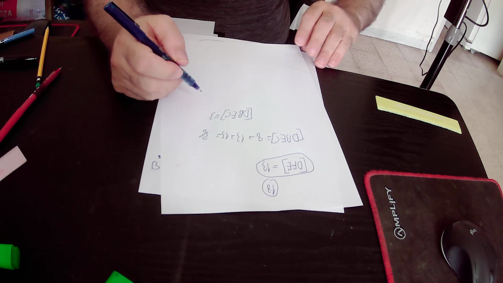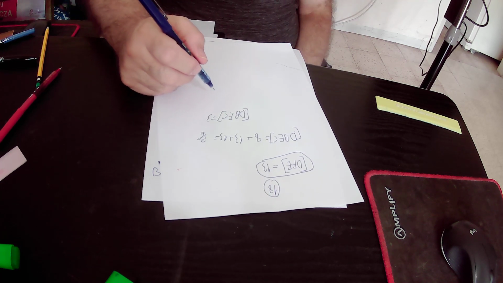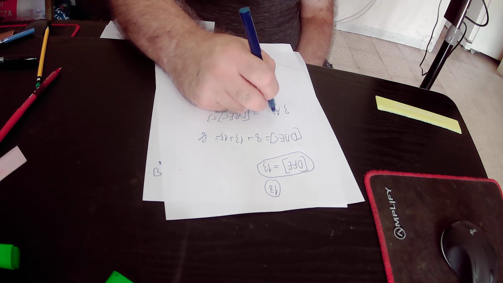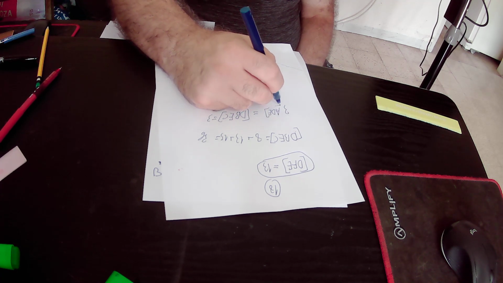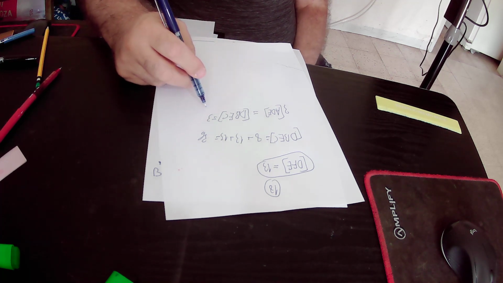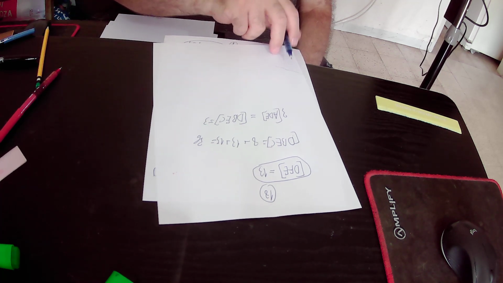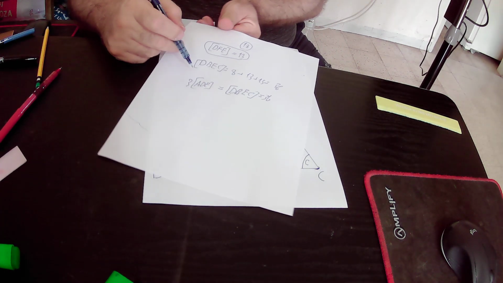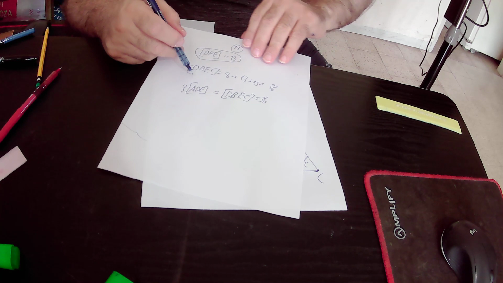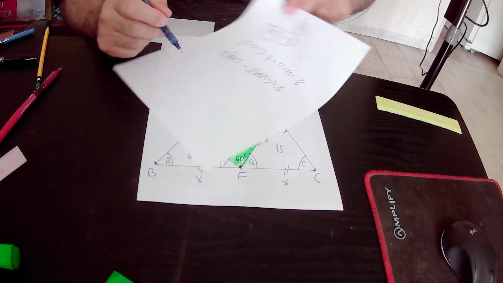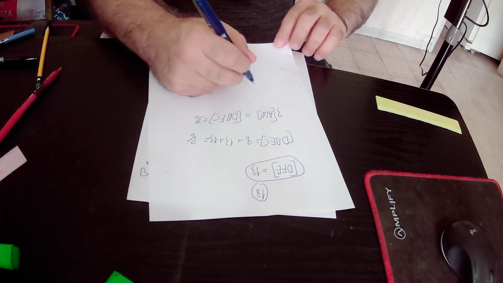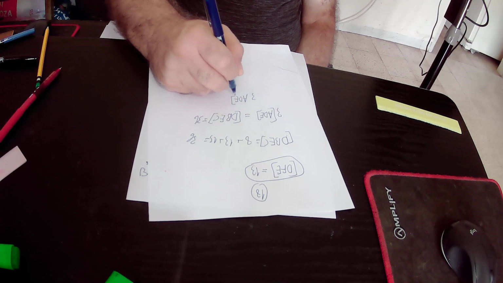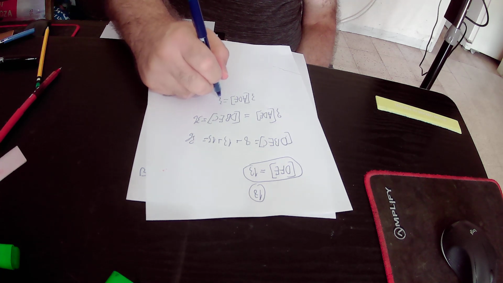But we have already found out that the area of quadrilateral DBEC equals 3 times the area of triangle ADE. So from this equality we can derive that 3 times the area of triangle ADE equals 36 square units.